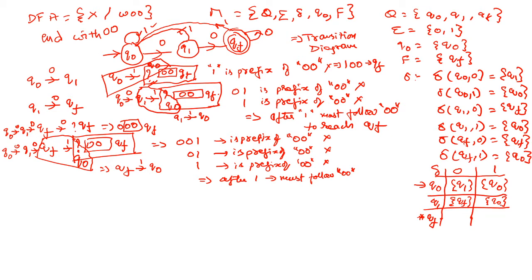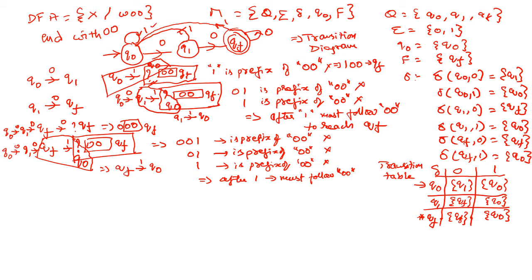Then QF on 0, QF only. QF on 1, it is Q0. So, we have represented the transition table, right?